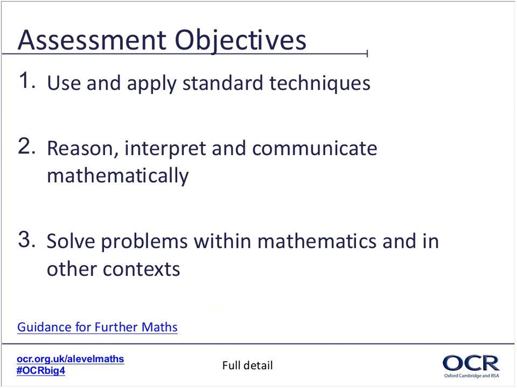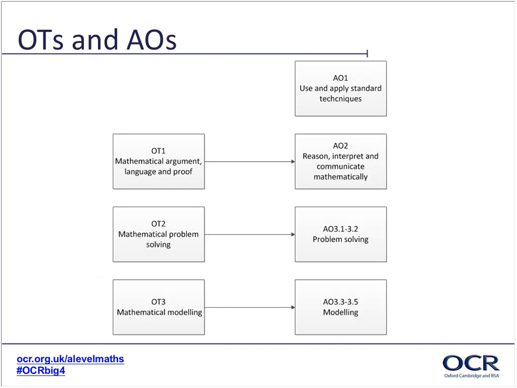The assessment objectives are Ofqual's tool to make sure that we're covering the overarching themes in similar proportions across the awarding organisations and in similar ways. But of course, within further mathematics, we have this huge amount of flexibility. And these assessment objectives, this is how they link up. Whilst there are fixed weightings in A-level mathematics, it was up to us to decide on the weightings for our optional content.